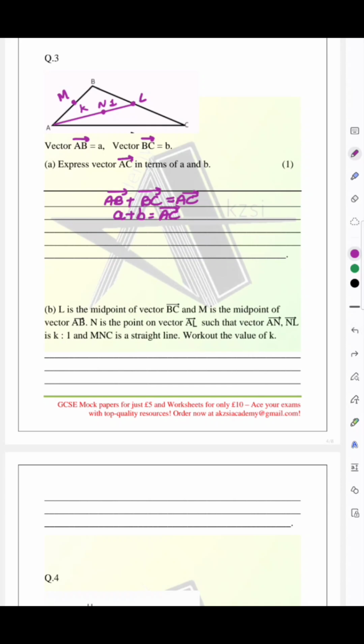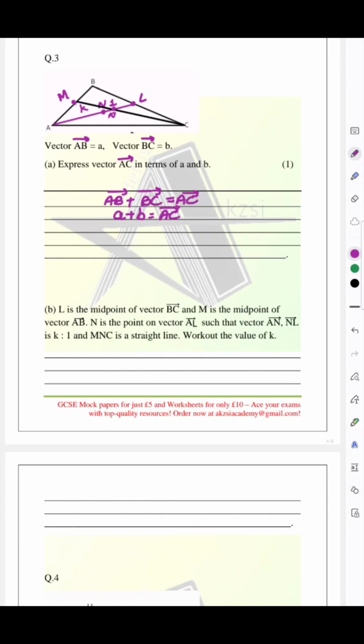So MNC, that means I need to join M and C, like this. Let's say N is here. So I start with this one.